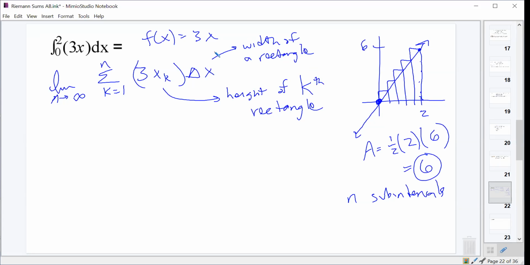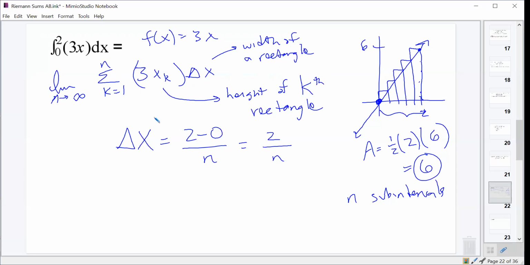So first off, how do we find delta x? If it's the width of one of the rectangles, which are all the same, how do I find the width of one of them? It's 2 divided by n. Exactly. It's the length of the entire interval, which in this case is 2 minus 0, divided by the number of subintervals that we have, 2 over n.